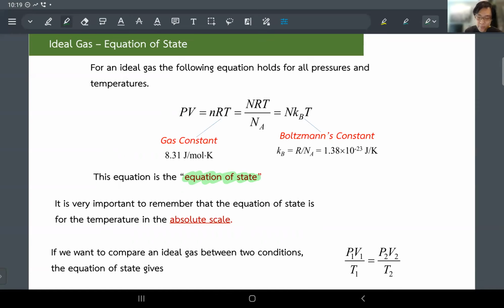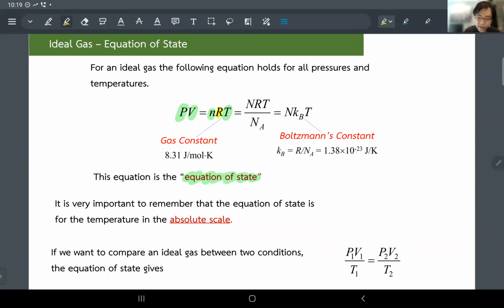Over here, the equation is P, pressure, times the volume, is always equal to the number of moles of gas, small n, times the temperature, and then you squeeze in this constant, called the gas constant, or universal gas constant.